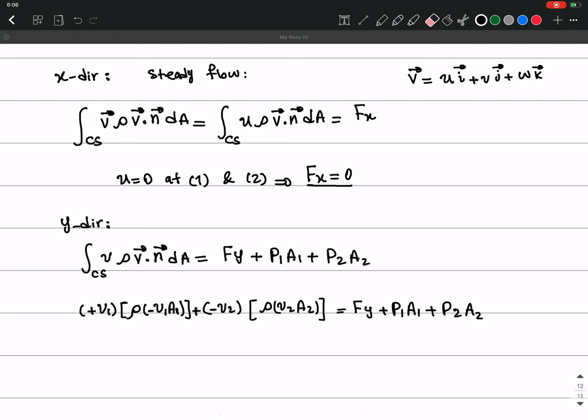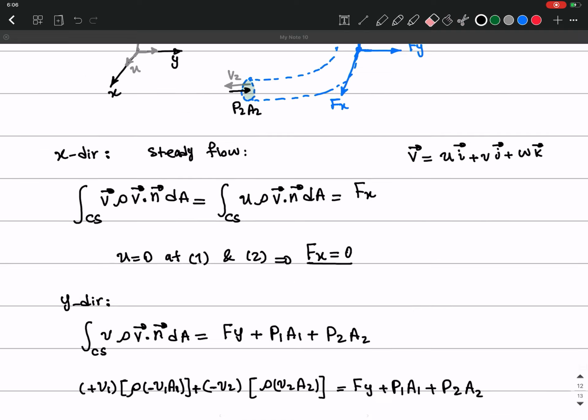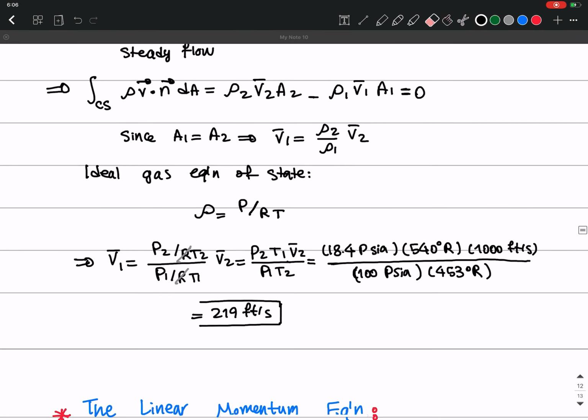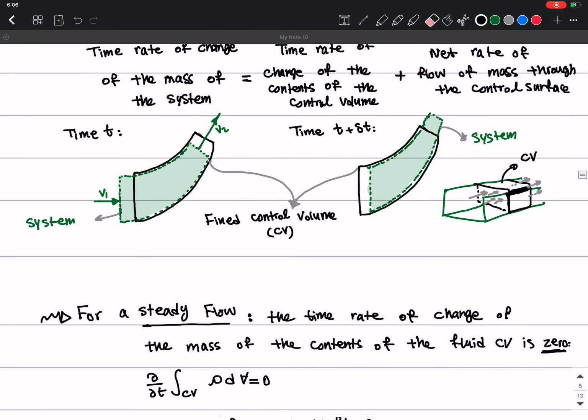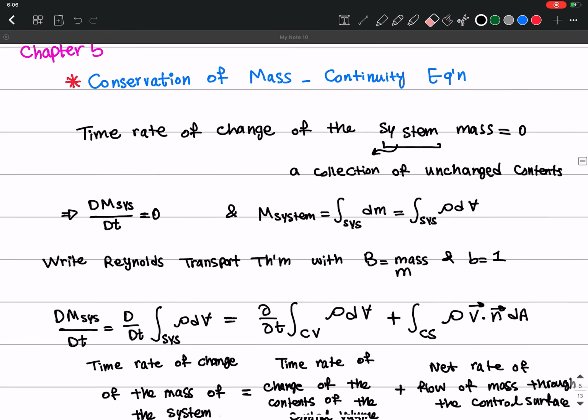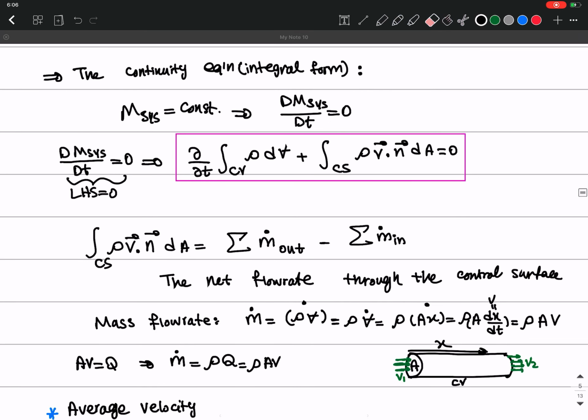So let me see. If you remember from the continuity equation, let me go to the previous lectures. Yes. This is a continuity equation, right? Rho V dot n, I can write it as m dot, or another way of that is this equation we had, right? The mass flow rate.